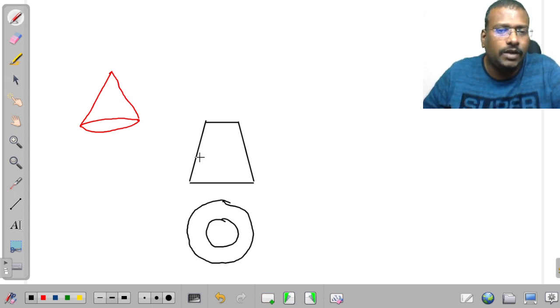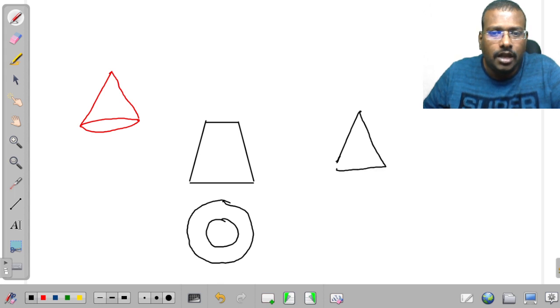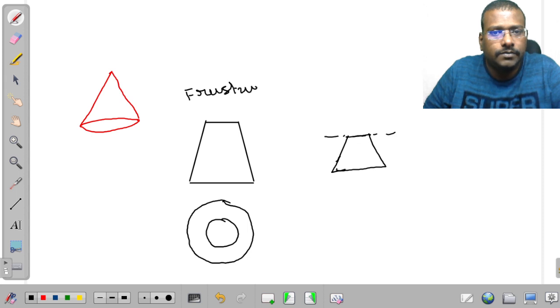So what is this called? If we cut an object parallel to the base, then it is considered the frustum of the object, frustum of a cone.